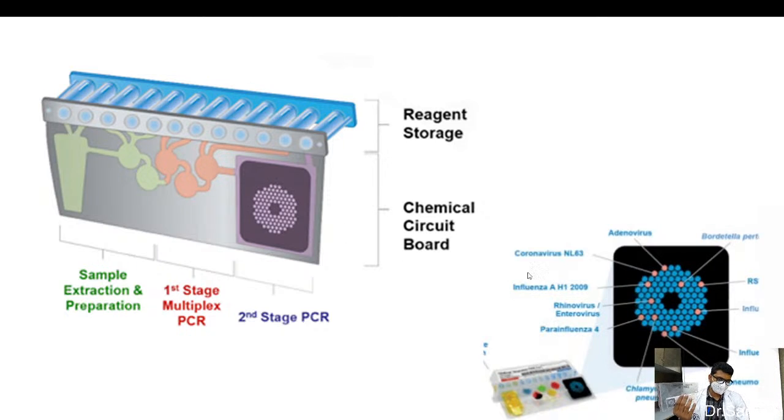Here I have given an example where you can see adenovirus, Bordetella, respiratory syncytial virus, influenza, metapneumovirus, Chlamydia pneumoniae, parainfluenza, rhinovirus, H1N1. All these organisms are included in a single panel, and each dot represents a different target, and all are detected at once.